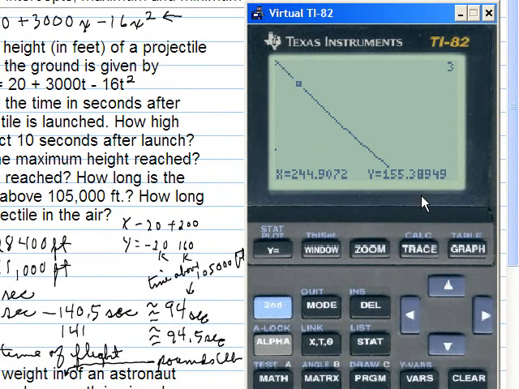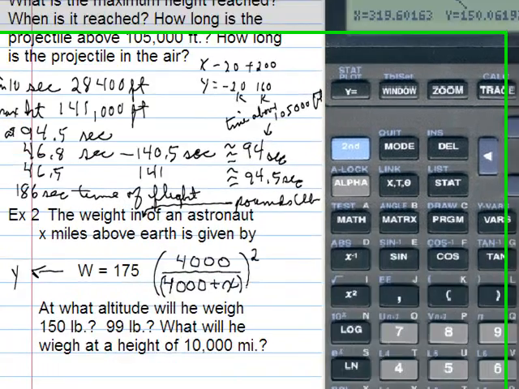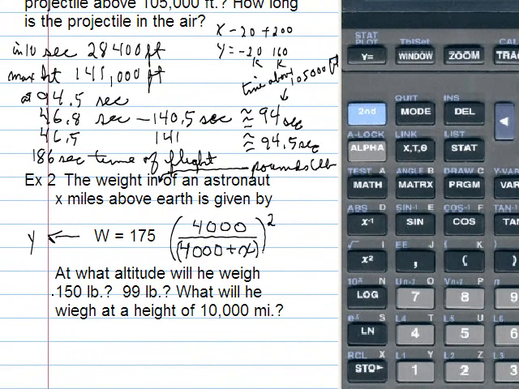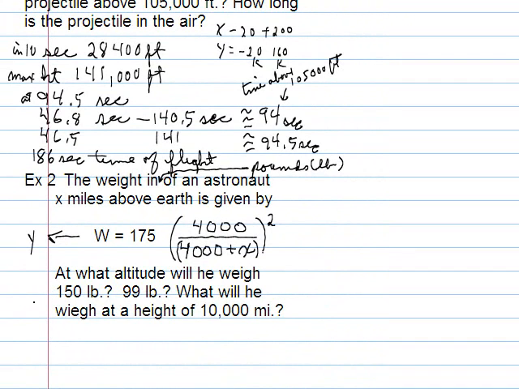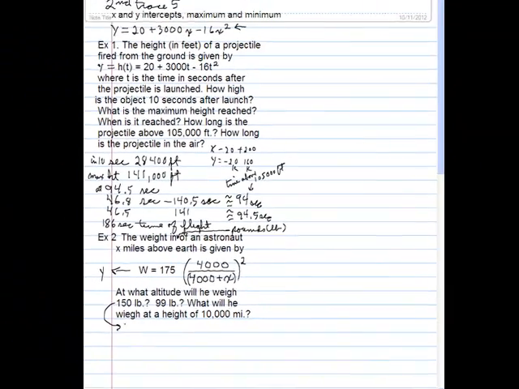He's listed as a weight now of 155 pounds, so I start working that down. Now notice how much closer I'm going to be able to get to 150 pounds here. This is going to be really close. Yeah, there's 150.1 pounds, so that's close enough. That's at an altitude of 319 miles, almost 320, so I'll call it 320 miles.